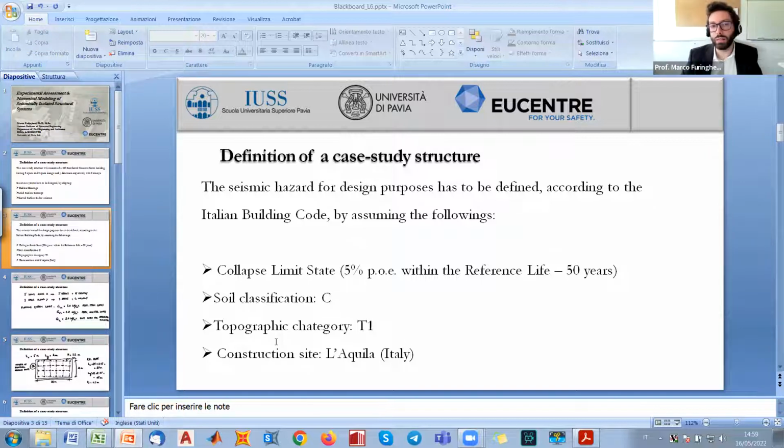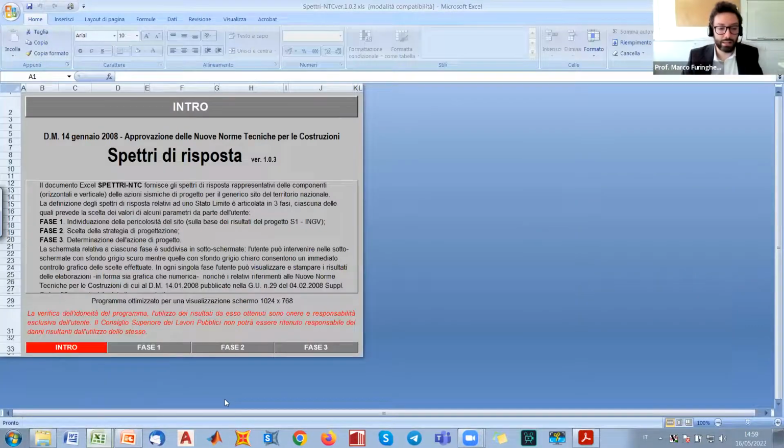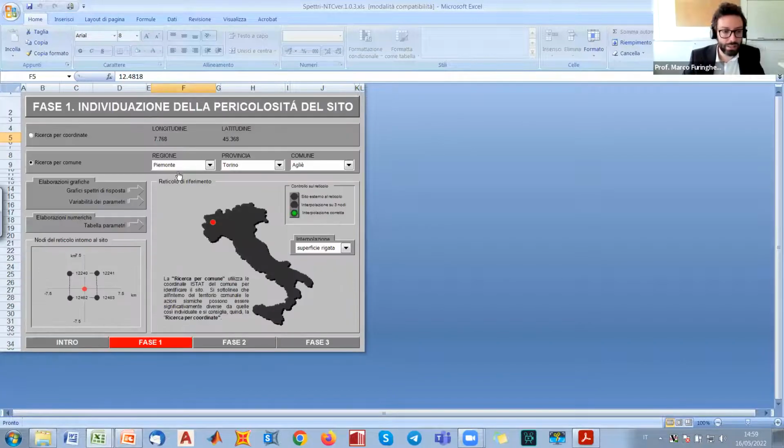And generally in Italy, we have a very useful tool, which is an Excel spreadsheet. I'm sorry that it is in Italian, but unfortunately there was no English translation. You have different phases. We have to consider the actual region for the city.